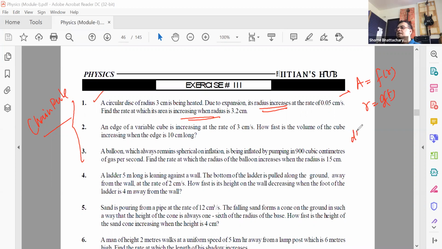So dA by dt, the rate of change of area with respect to time, by chain rule will come as the rate of change of area with respect to radius into the rate of change of radius with respect to time. So this is the concept we have to apply in these sorts of questions.